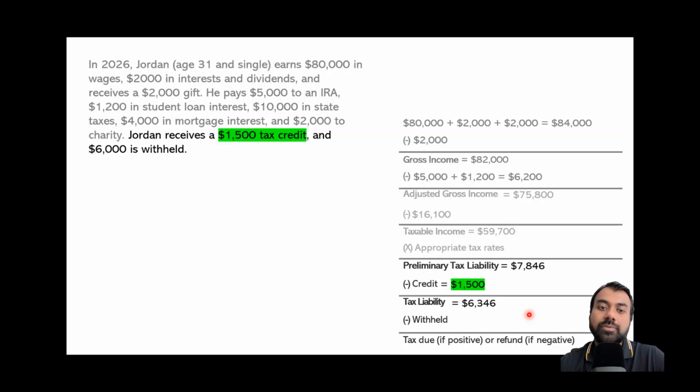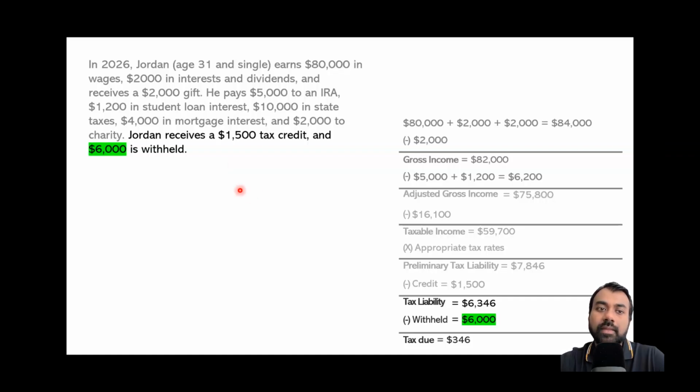Now the next piece we have, and this is the last step, we can subtract the tax that was withheld from our paycheck. So in this case, for Jordan, it was $6,000 that was withheld from his paycheck. So once we subtract $6,000 here, that will give us the tax due. In this case, that's $346.